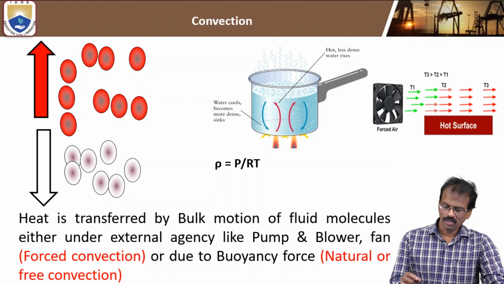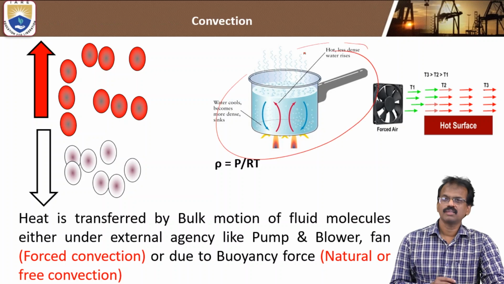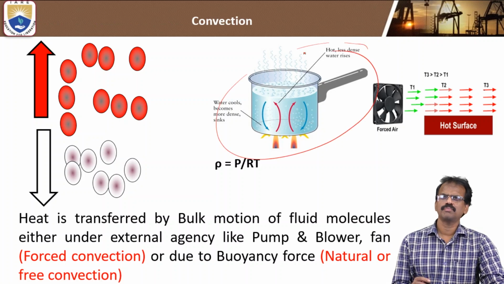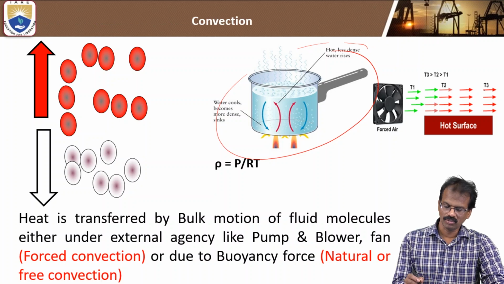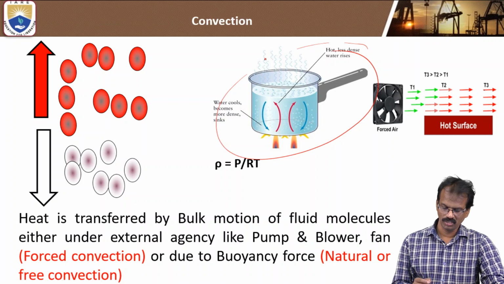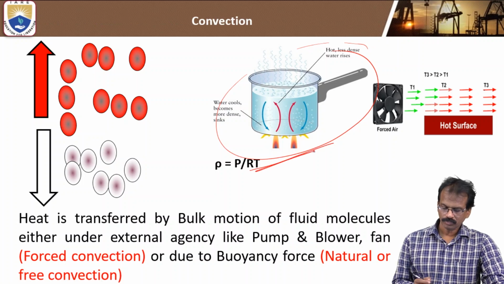The movement of the particles occurs naturally, that is, by the buoyancy effect. That is nothing but the natural convection process. Here you can observe: if you give heat to the bottom surface of the container, the bottom surface will be heated.